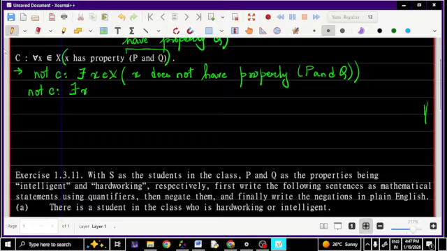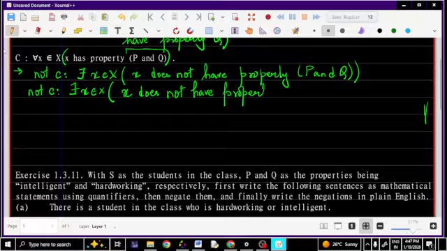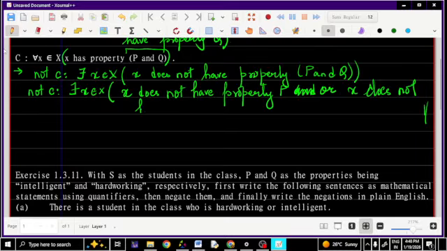So there exists x in X such that x does not have property P, or at least one it should not have, or x does not have property Q. Okay. So this will be the final negation of the given statement C.